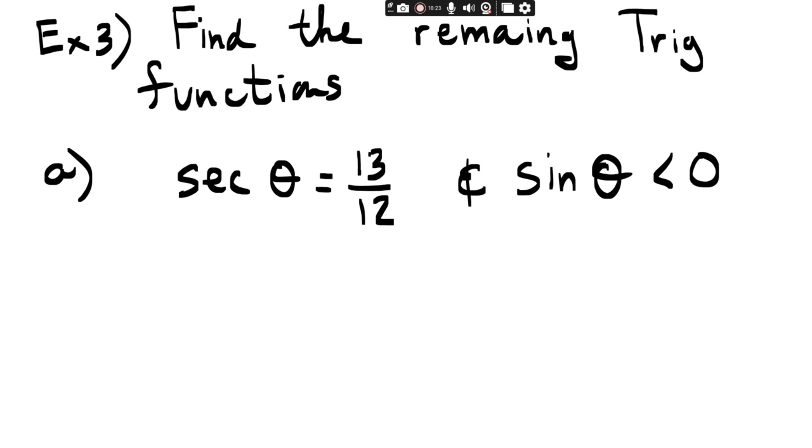I'll let you guys copy down the problem. Good, good. Copy down the problem and talk with the person next to you. The thing that I want to know is which quadrant are we in? That's what I want to know because that's the important stuff, because we're going to build our triangle based upon this.